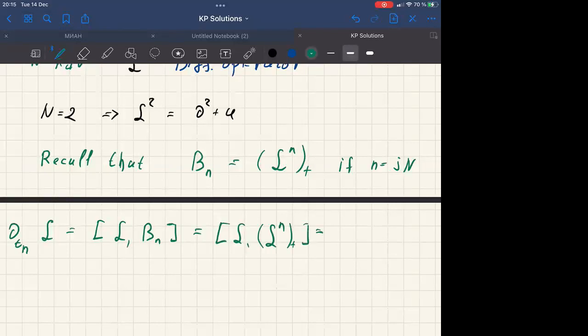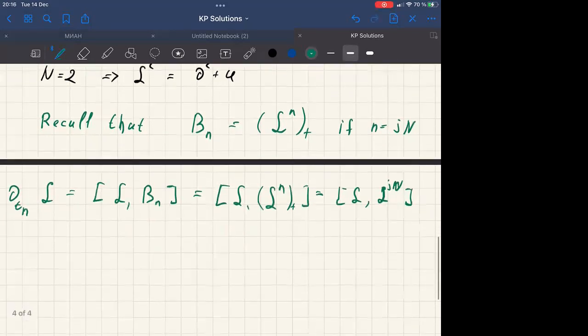But if here we have gn, in this case L to the gn plus will give us just the same operator, and this is equals to 0.